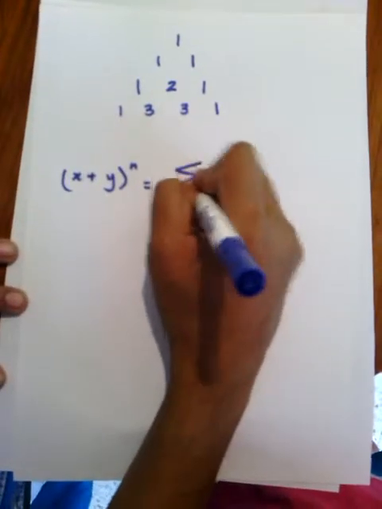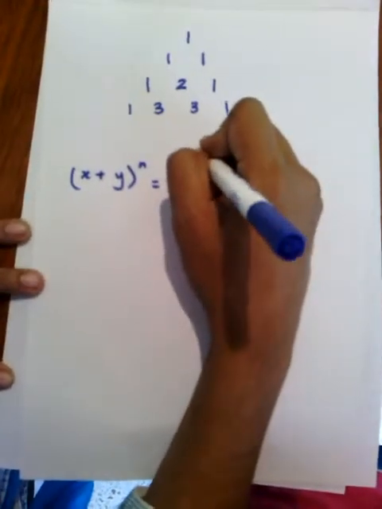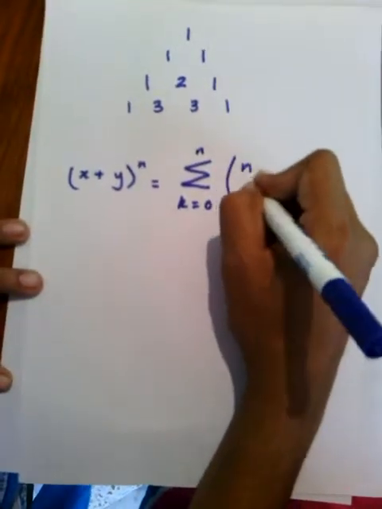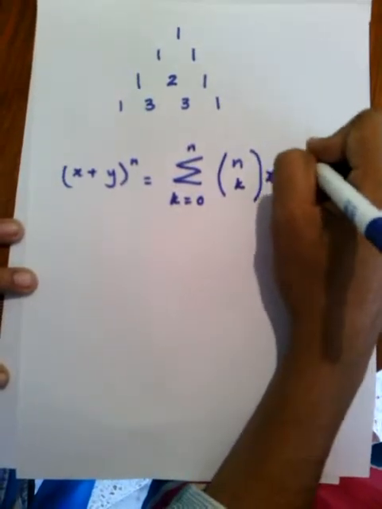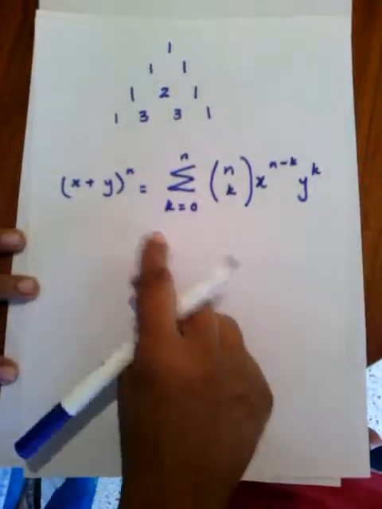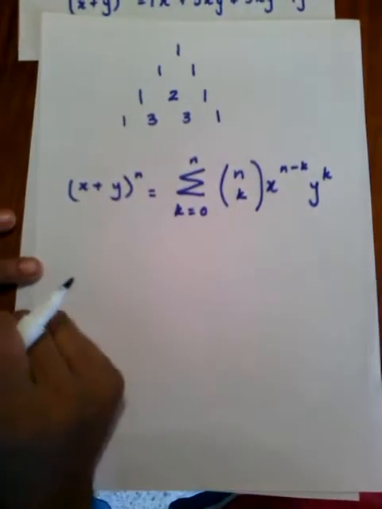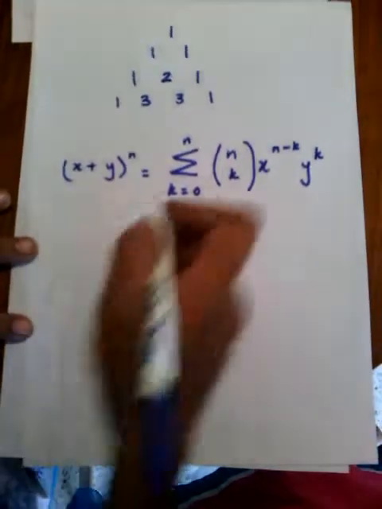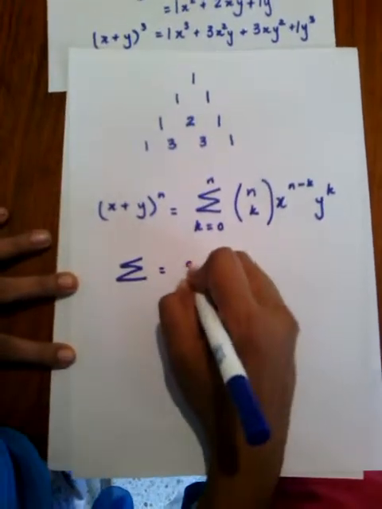It's nothing but the sum over k from 0 to n of n choose k, and x to the n minus k times y raised to k. It's just the expansion of this term to the right. It might look a bit sophisticated, but all it means is that the sigma just means summation.